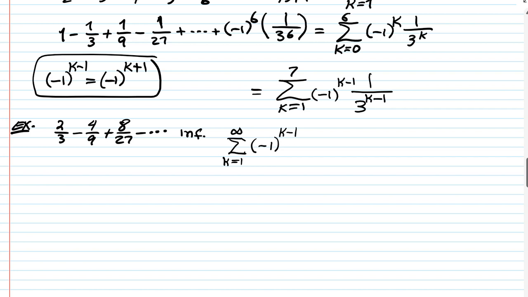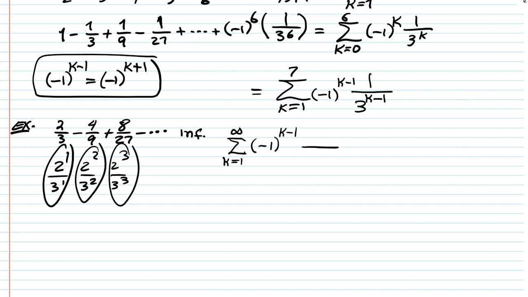Correct? Now, for the fraction, and I'm sure everybody here picked this up, you can think of 2 as 2 to the first, 4 would be 2 squared, 8 would be 2 cubed, and same thing in the denominator. So it looks like these are powers of 2 and 3, same powers in fact. 2 to the first, 3 to the first, 2 squared, 3 squared, 2 cubed, 3 cubed.